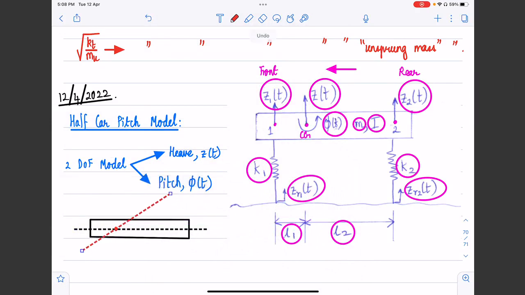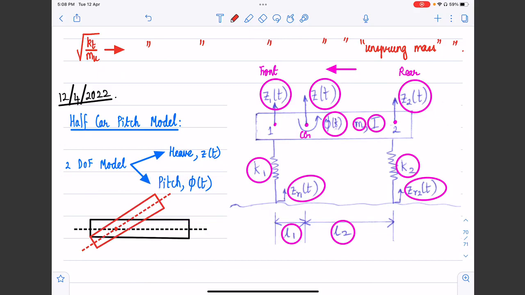Once again, it's just an exaggerated approximation for us to understand what's going on. It's not going to pitch by this angle.